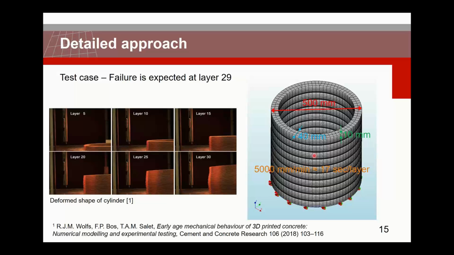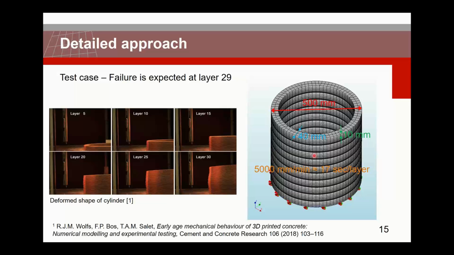In the article about the early age mechanical behavior of 3D printed concrete, which was written by Rob Wolfs, they also have a test case where they do an experimental test of a cylinder, and they print all the layers until failure.